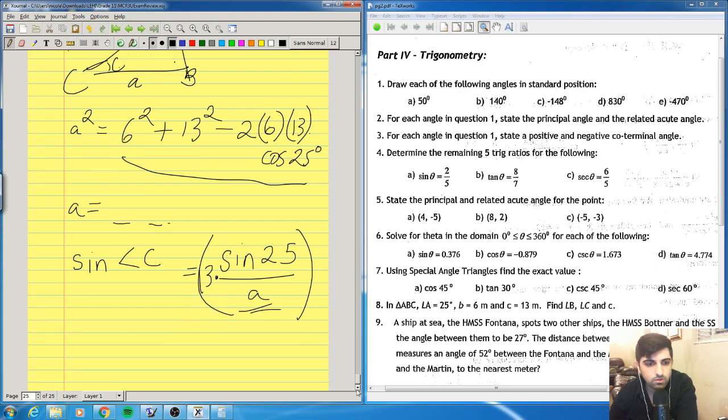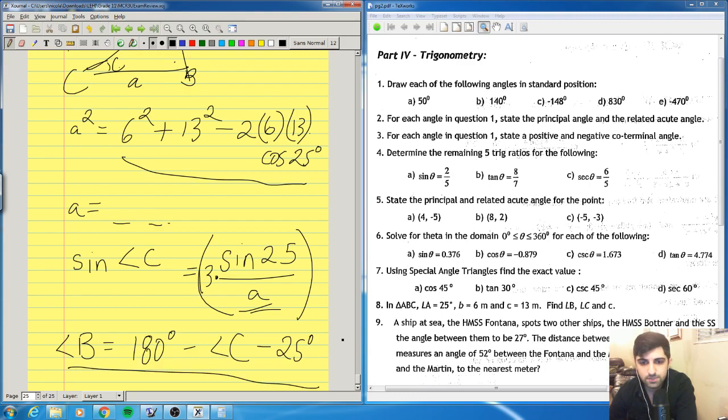And so you can find angle B for your final answer. It's going to be 180 minus whatever you get for angle C minus 25 degrees, and you're basically done the problem. And that's that.